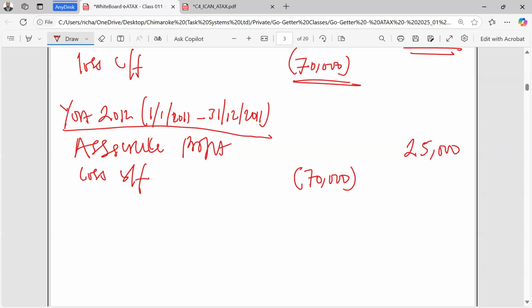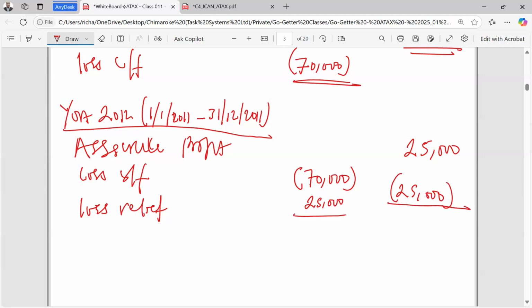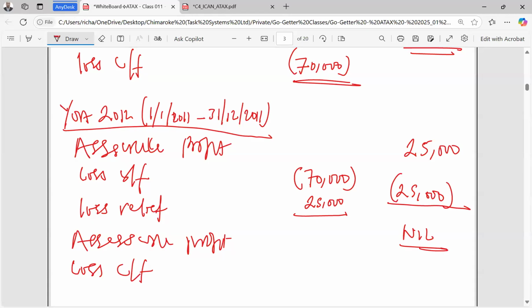So what you do now, you say loss relief. Once again, you bring this 25,000 out for relief. Then you take it down here for relief and put it in brackets. So what it means here is your assessable profit is nil, and your loss carry forward is going to be 70 in minus. This is 25,000. How much will it be?